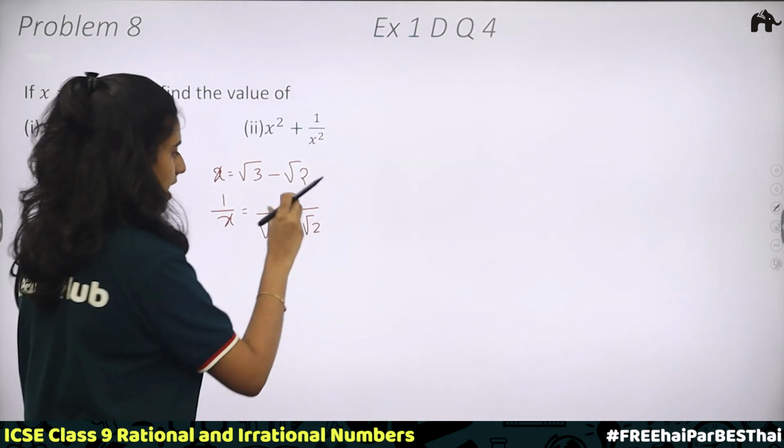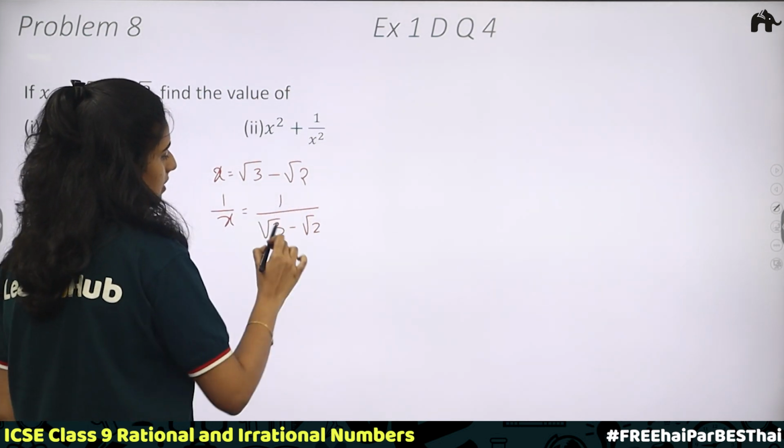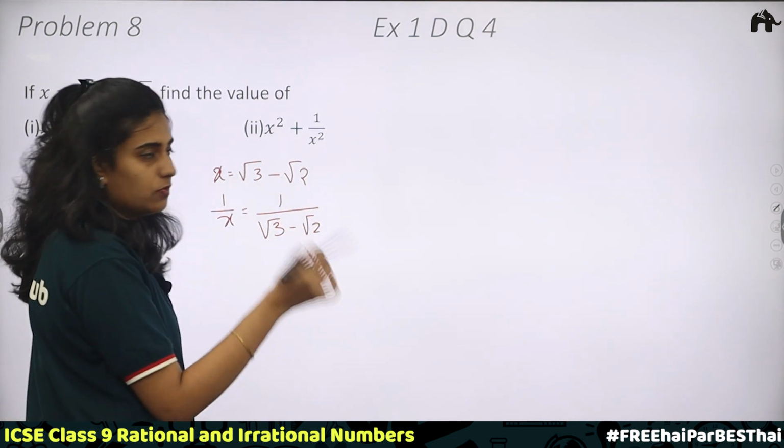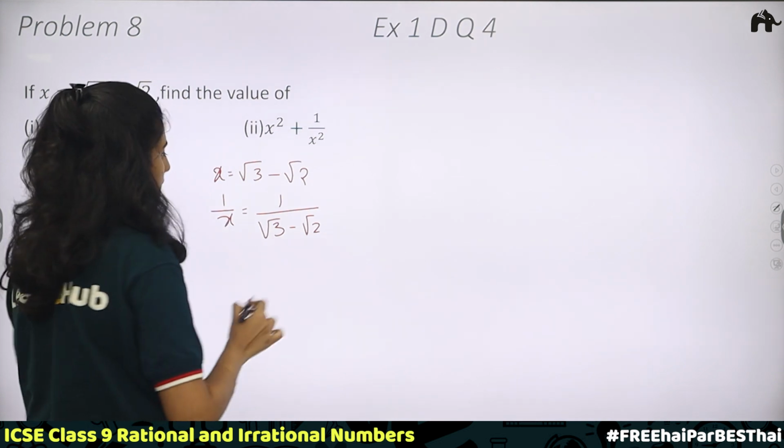So, you have to rationalize this first. For that, you have to find the rationalizing factor. Here the denominator is root 3 minus root 2, which means changing the sign, it becomes plus sign.